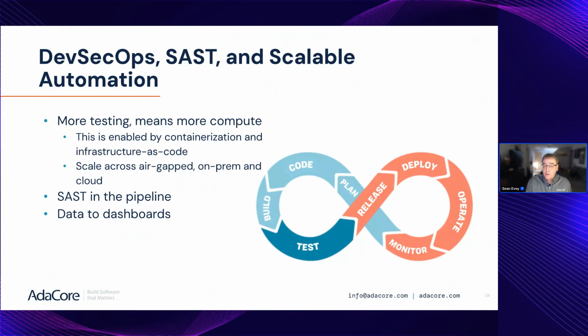We want to make sure that we understand that static code analysis goes into the pipeline that we've built. It's not a nice to have, it's a must have. And then we need to think about how we're going to get data from CodeSonar and get it into our data lake or our dashboards or whatever other tools we're using on top of that.